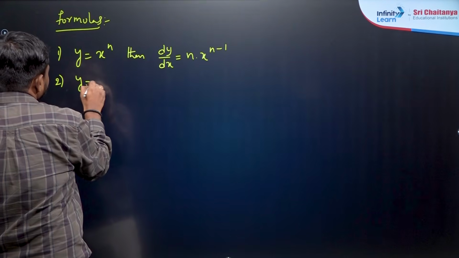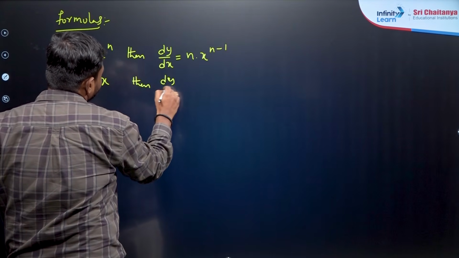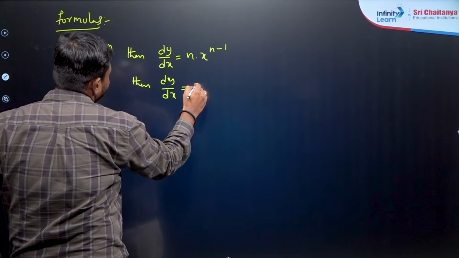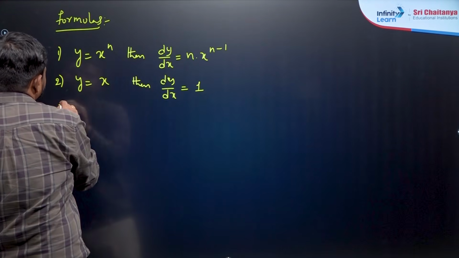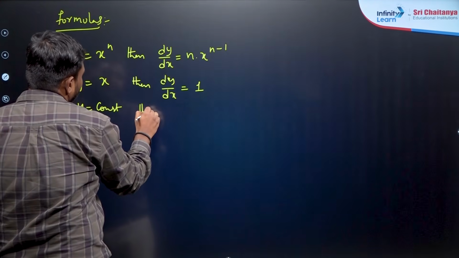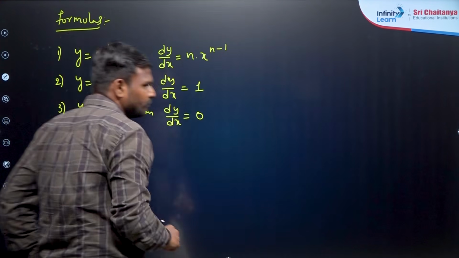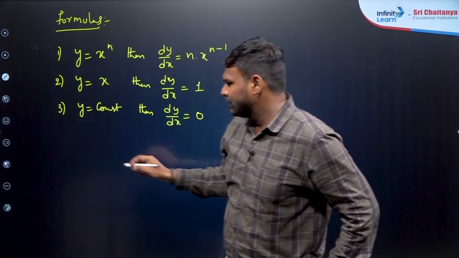Next, y is equal to x, what is the derivative? Derivative is 1. Next, y is equal to constant, then the derivative is what, sir? 0. Yes or no?